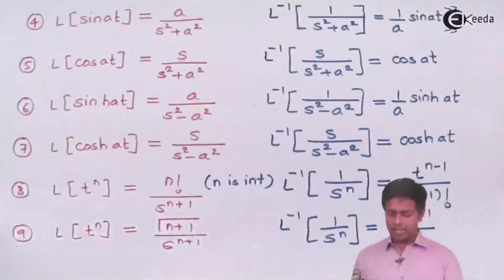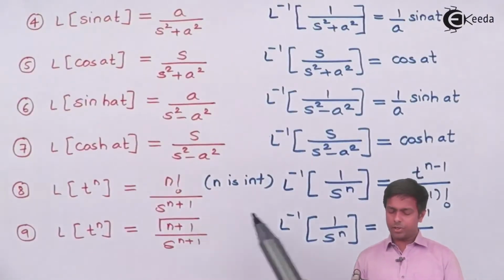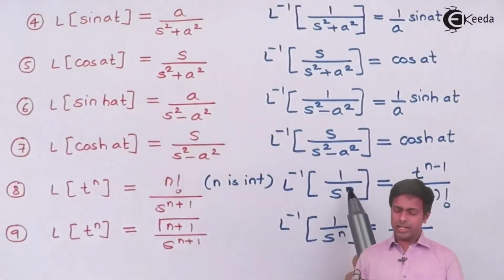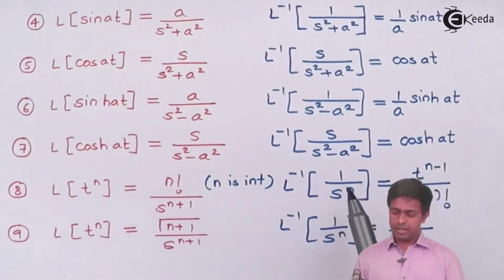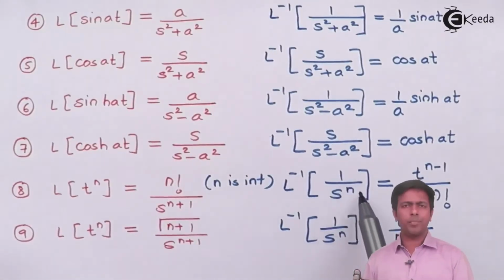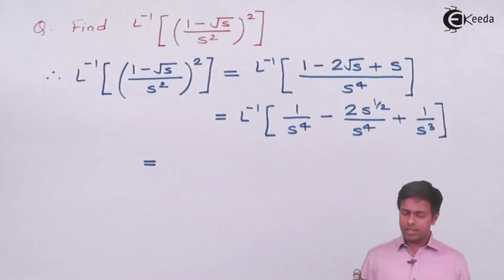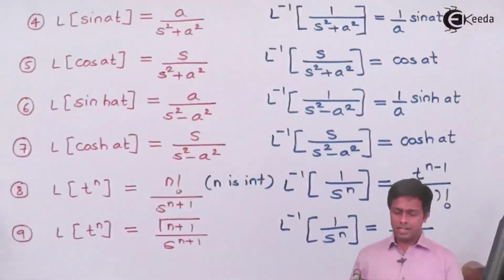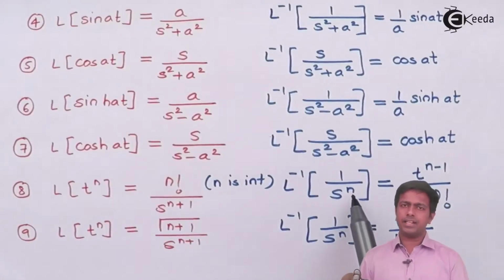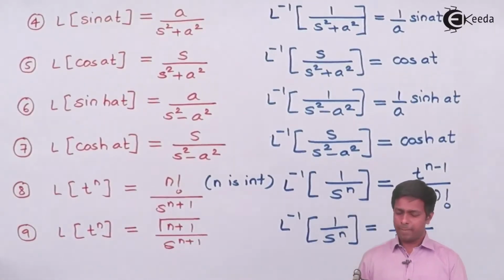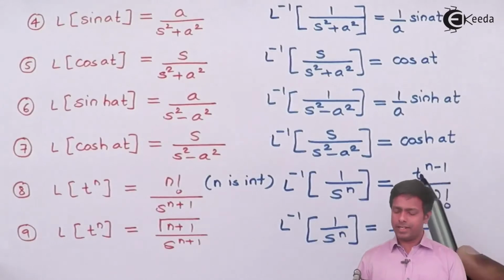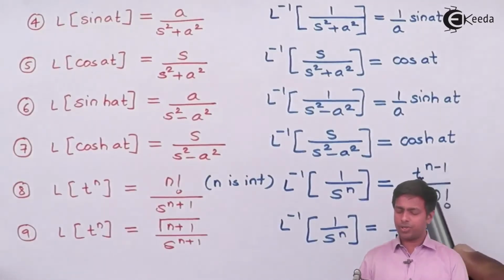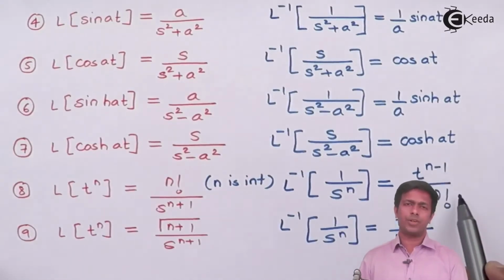Here I got 1 upon s raised to 4, so the value of n is equal to 4. So here we will get t raised to 4 minus 1, that is 3, so t cube upon 3 factorial.